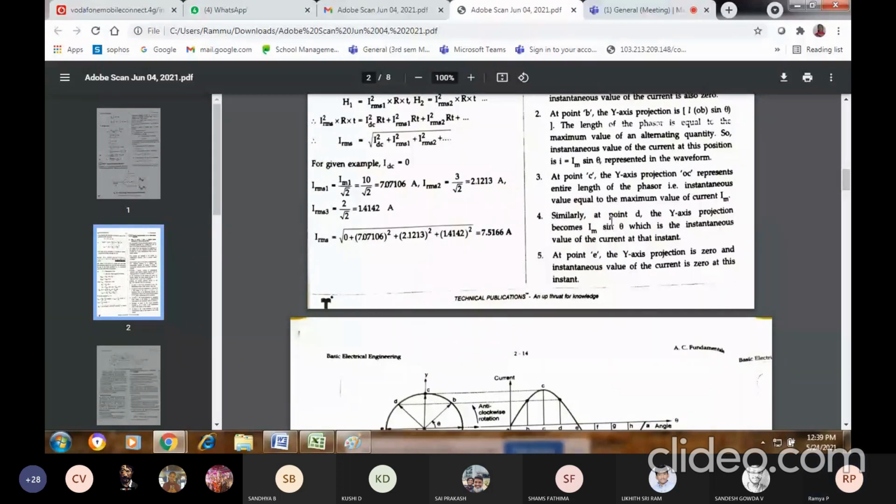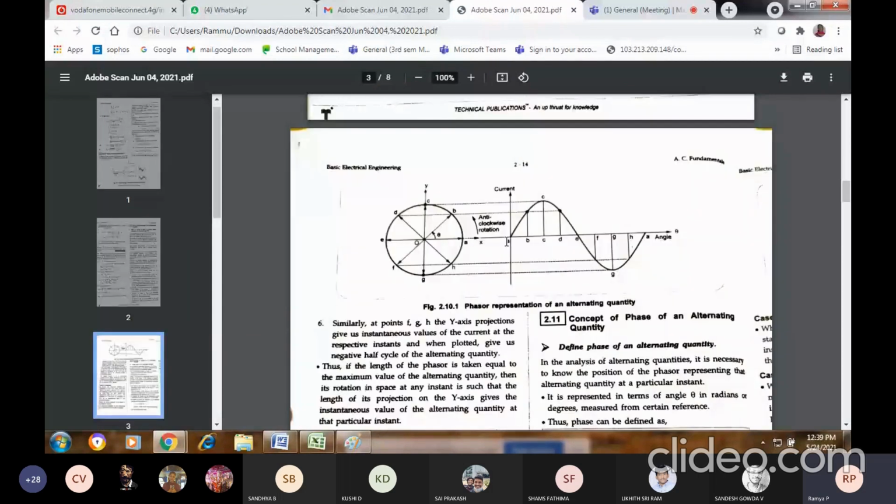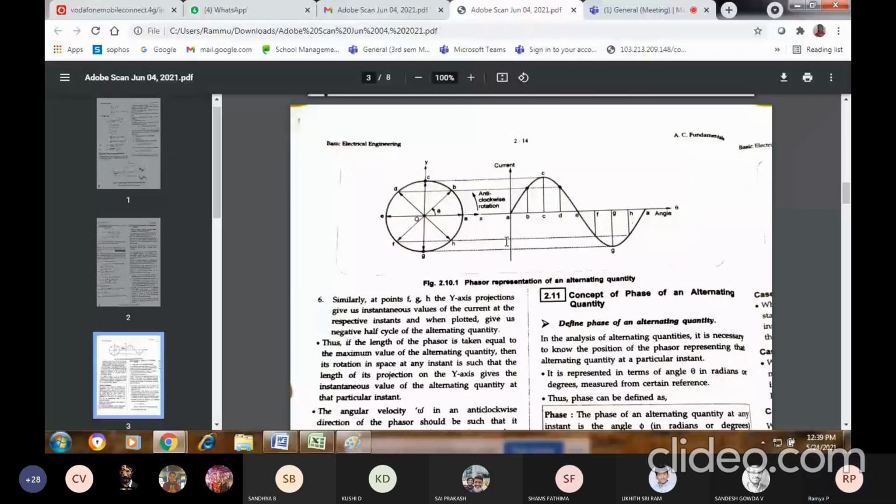See, this is a diagram for phasor representation of an alternating quantity. Till now we have seen only this part towards the right side, a sinusoidal waveform where the x-axis is angle. Angle means 0 degree, pi, pi by 2, 2 pi, and so on.